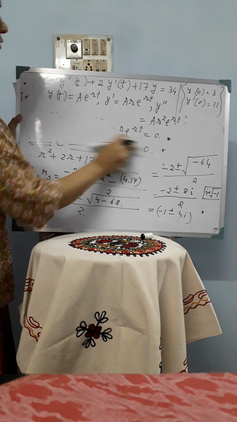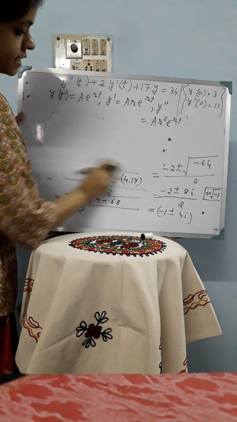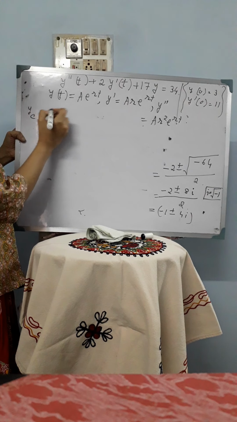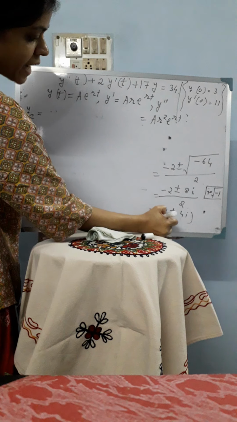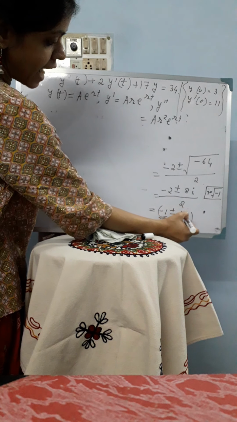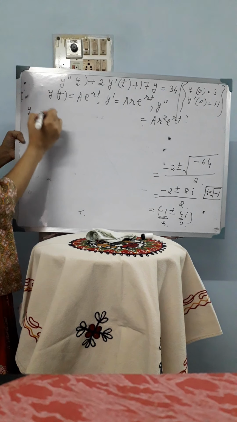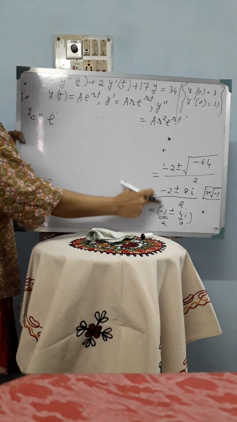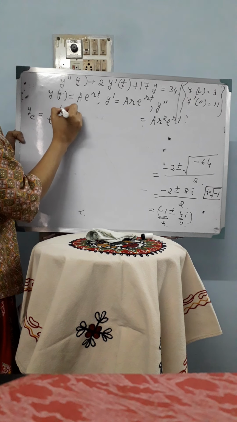So then we have to find out yc accordingly. So yc is equal to e to the power ht. If this minus 1 is h, and v is equal to 4, then e to the power ht means e to the power minus 1 into t, that is e to the power minus t.